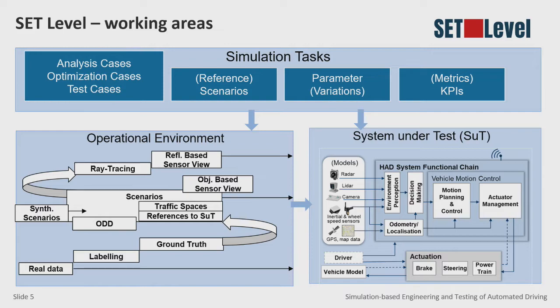The system under test, on the lower right side of the figure, is a functional model of the automated driving function, which starts from the left-hand side with some sensors like camera, LiDAR, and radar. Also inertial sensors like GPS or wheel speed sensors are used.